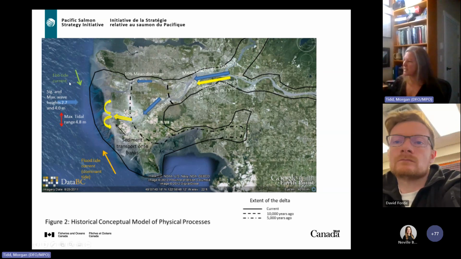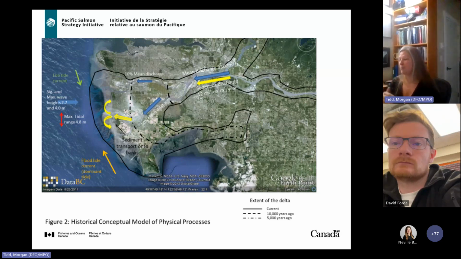You can see tidal currents across the front of the Pro Delta. The ebb current is smaller than the flood current. So based on those currents alone, there is a dominant direction of south to north.